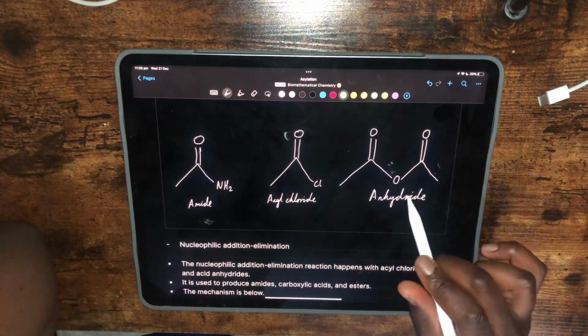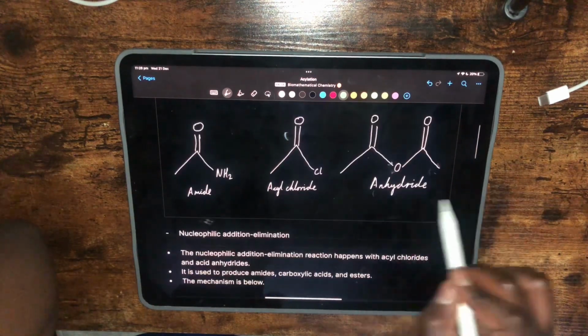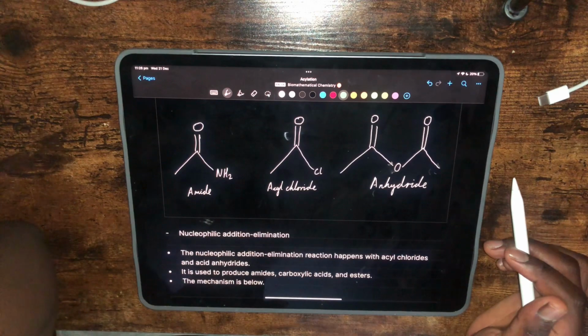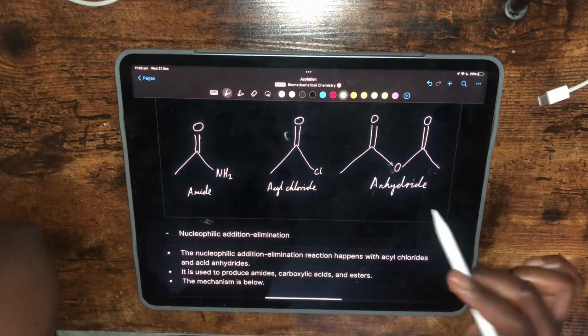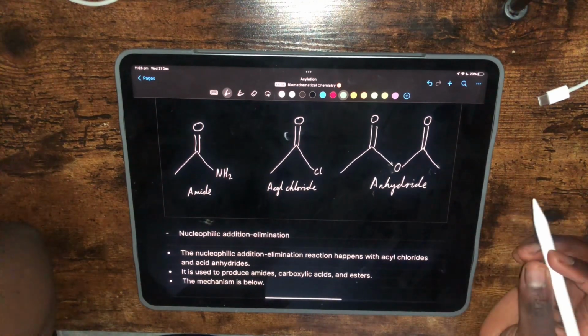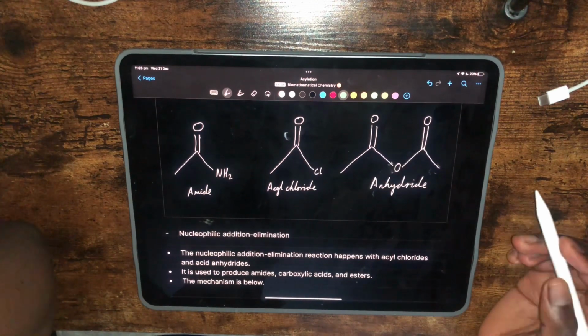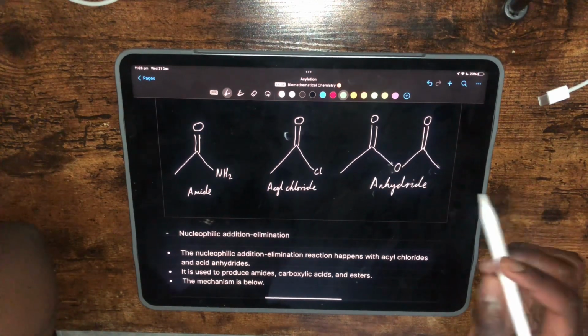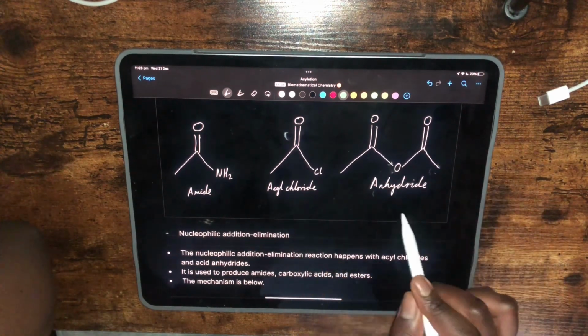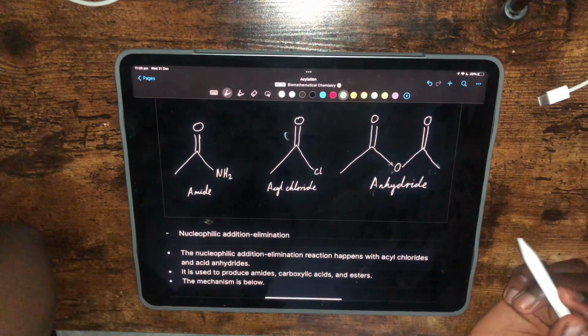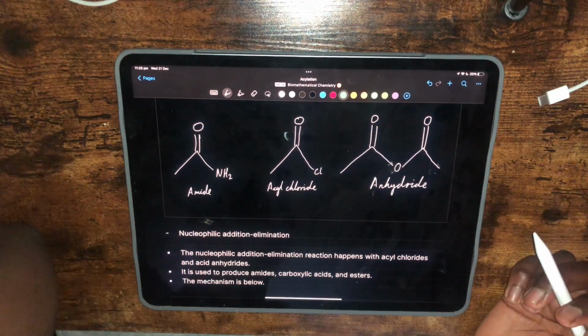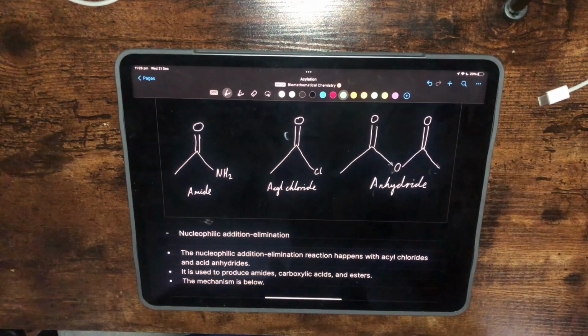But remember when you're talking about the safety of anything, this can come up as a question. They might ask, why do they not use acyl chloride, or ethanoyl chloride, in a lab?